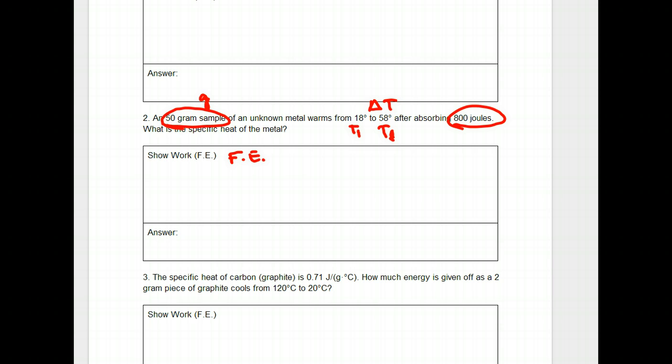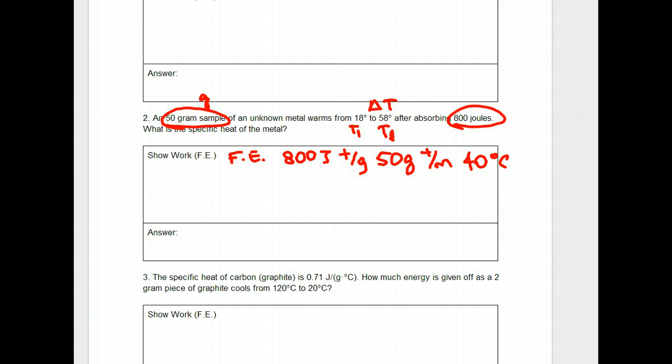So for every 800 joules, it is needed to get 50 grams of this metal to move 40 degrees Celsius.